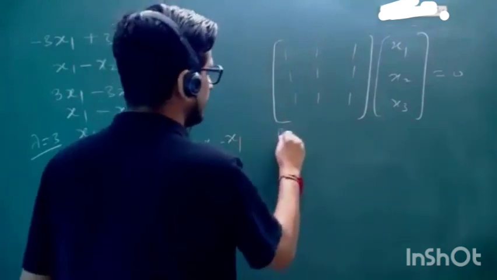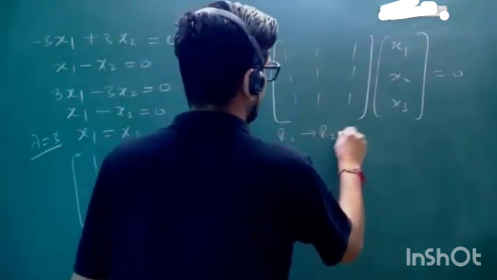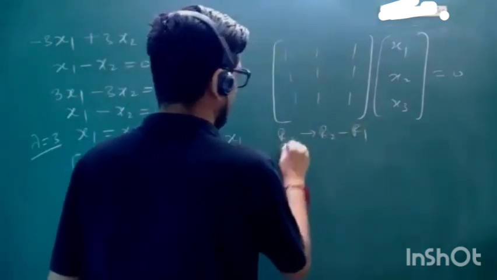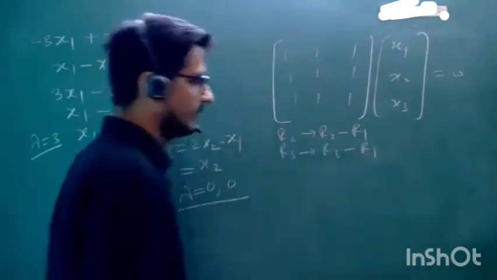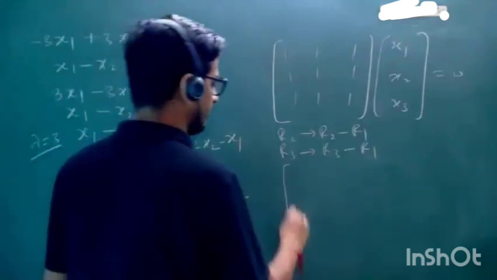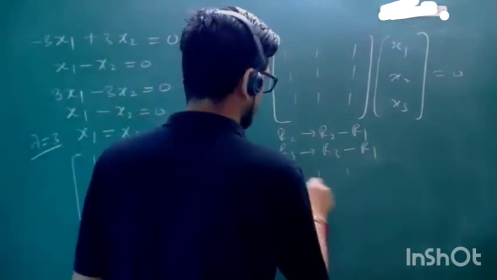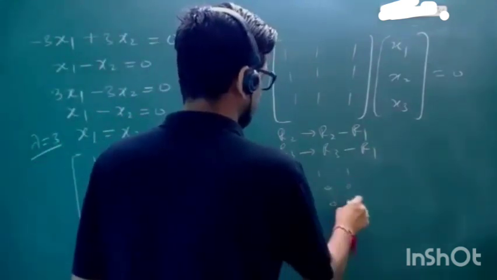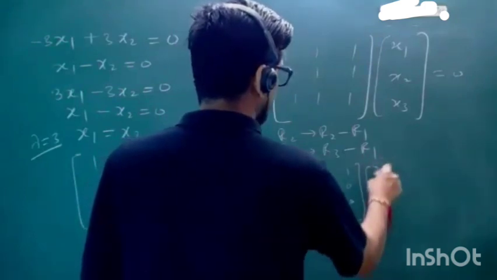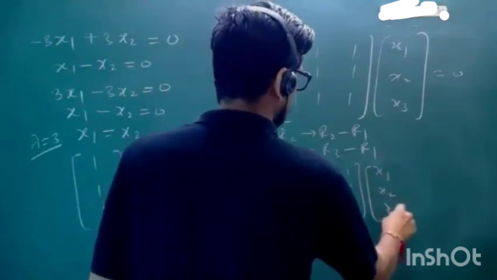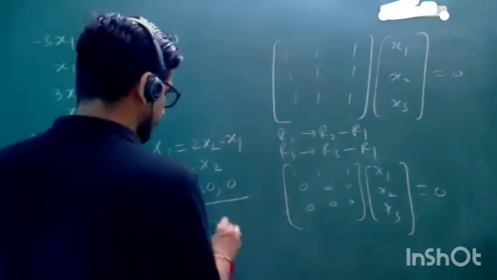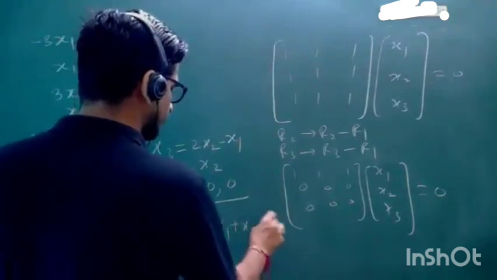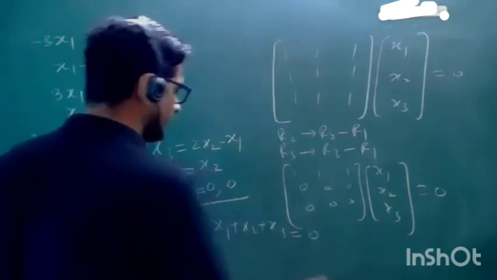That means I can change R2 to R2 minus R1 and R3 to R3 minus R1. Suppose I do that. So what will happen? It will be only 1, 1, 1, 0, 0, 0, 0, 0, 0, and then x1, x2, x3 is equal to 0, correct? So I will have only one equation, x1 plus x2 plus x3 is equal to 0.